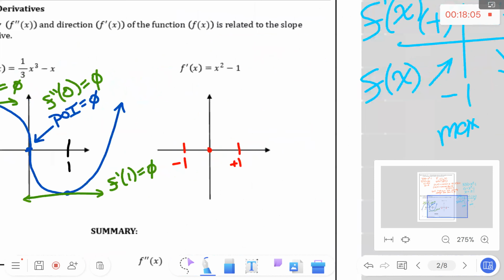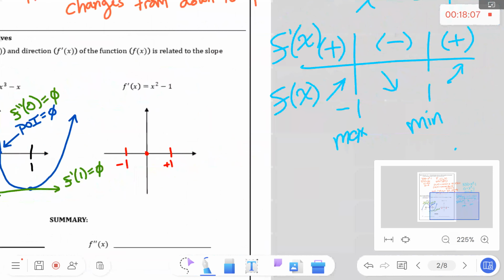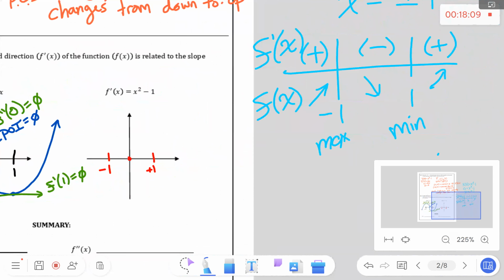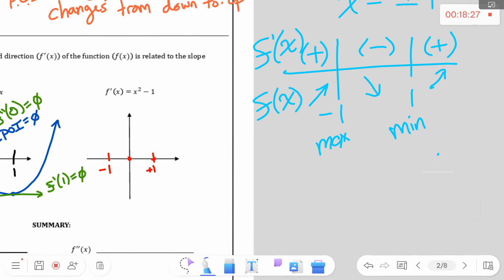I'm going to use my information from right here to help me graph this right here. This is the slope, right? What is my slope doing outside of 1? So I start here at 1.